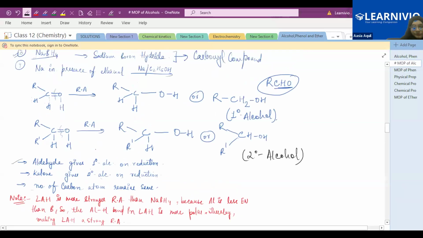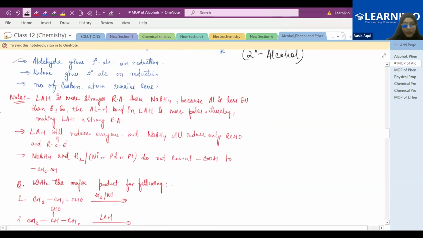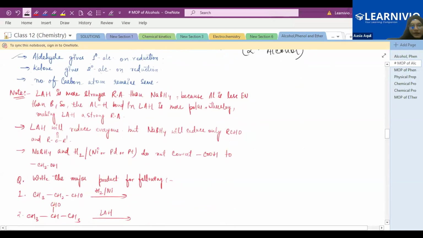Write down. In the notes part, write down these.